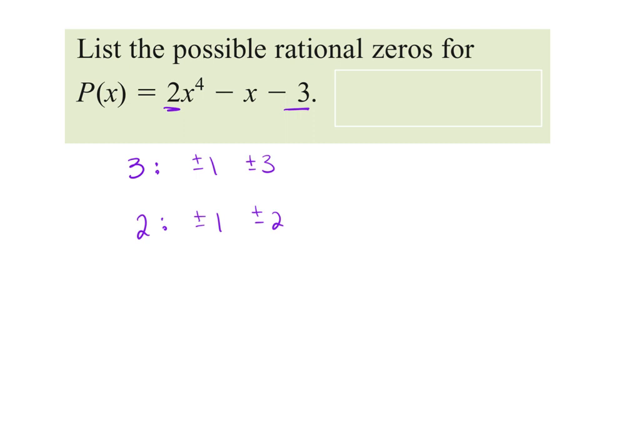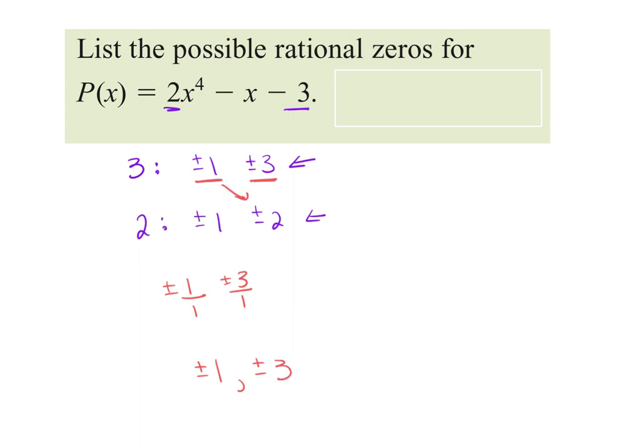Here's the thing. Every single one of those has to be put over every single one of those, all right? So I'm going to start with my 1. It can be positive and -1 over 1, which just reduces to positive and -1, right? It could be positive and -3 over 1, which just reduces to positive or -3. That's possible.